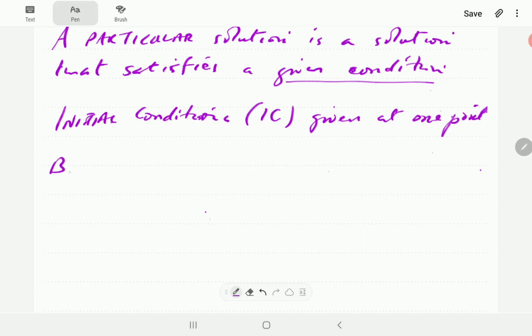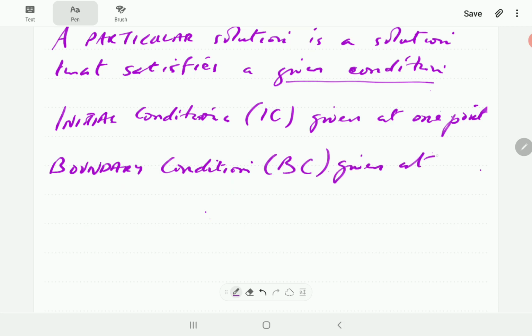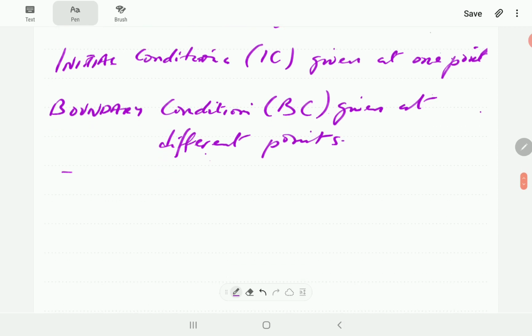Then boundary conditions: conditions are called boundary conditions if they're given at different points. Okay, so let's consider a particular case of the ODE.